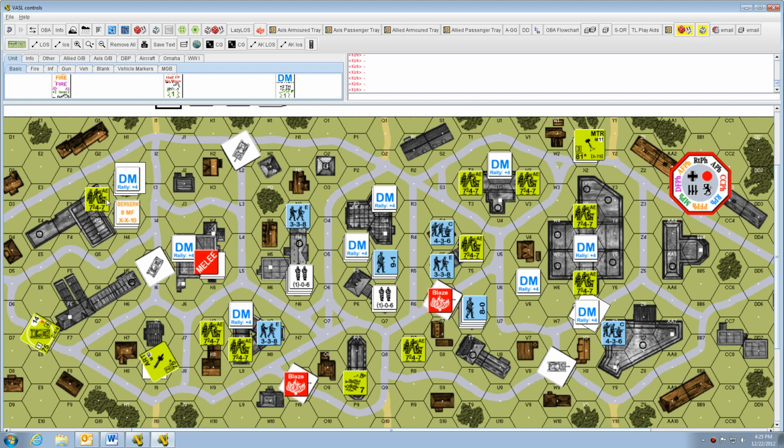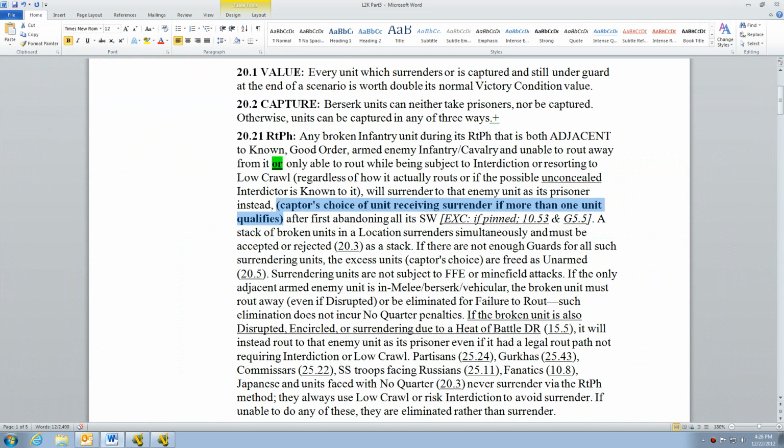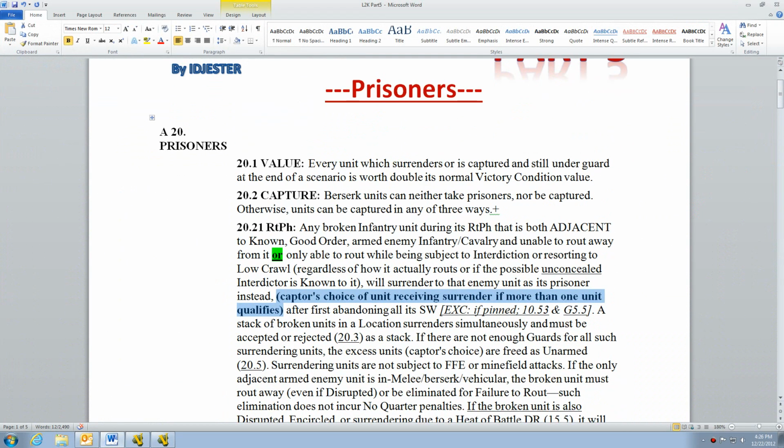Now, it's important for the American player, and the reason I set this up is there are several rules we didn't talk about. The first one being the very first part of the section here, where berserk units can neither take prisoners nor be captured. Otherwise, units can be captured in any one of three ways. So berserk units can't take prisoners nor be captured.